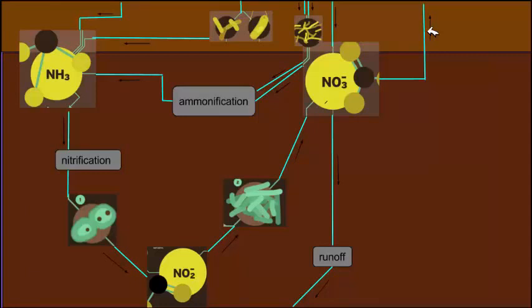This process includes bacteria, for example Pseudomonas or Clostridium, and also some fungi which use nitrates as the source of oxygen in the anaerobic environment. They do not need oxygen for the main physiological processes.